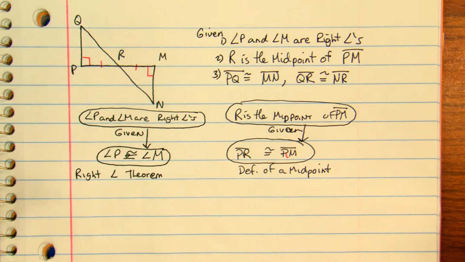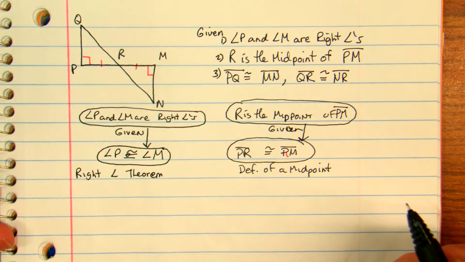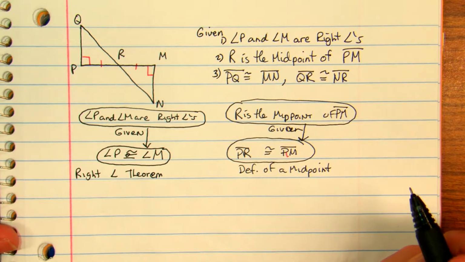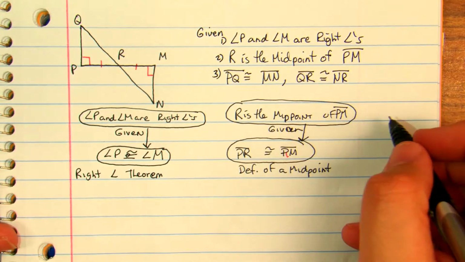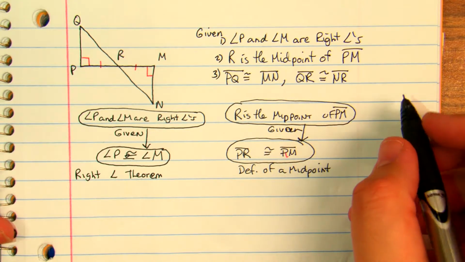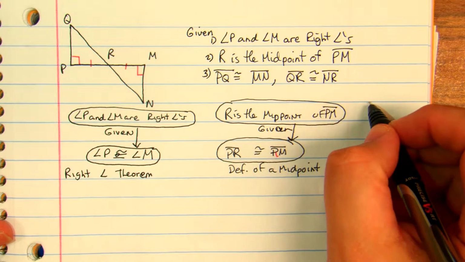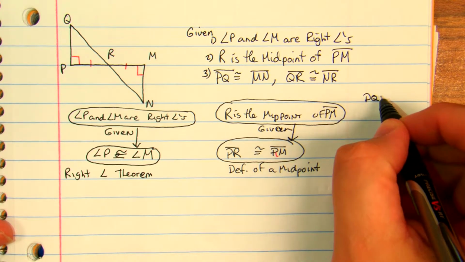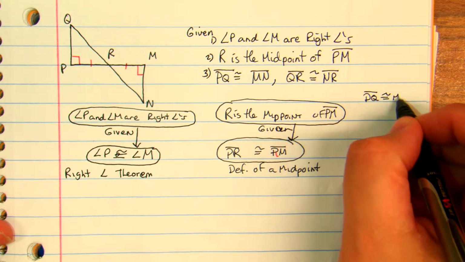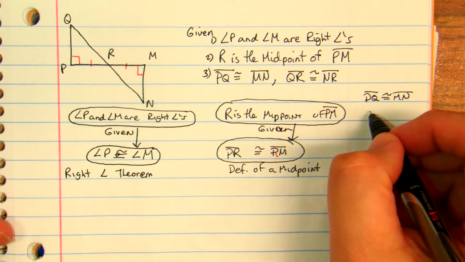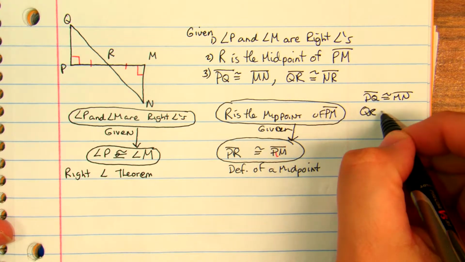Now, I can say from this, I'm going to write over here because it's nice and all I have to do is PQ, segment PQ is congruent to MN, and QR is congruent to NR.